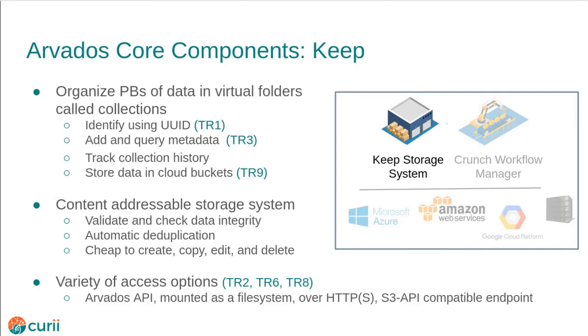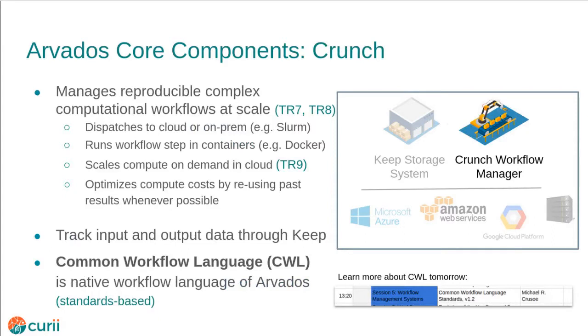The clusters used in this demo run on Amazon Web Services and thus are able to store huge amounts of data using S3 buckets. Data Commons Technical Requirement 7 is workflow services for executing bioinformatics pipelines for data analysis and harmonization. We saw how you can run CWL workflows on Arvados.